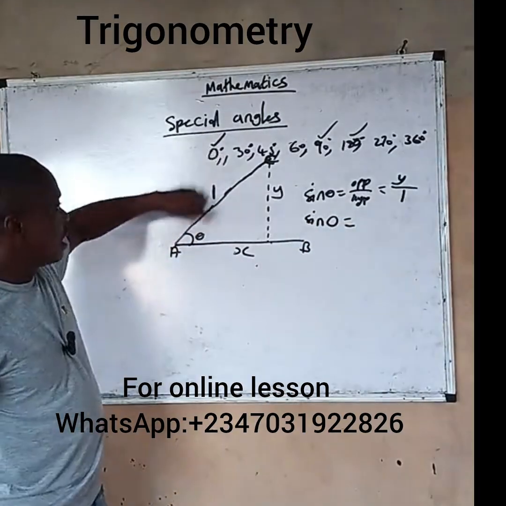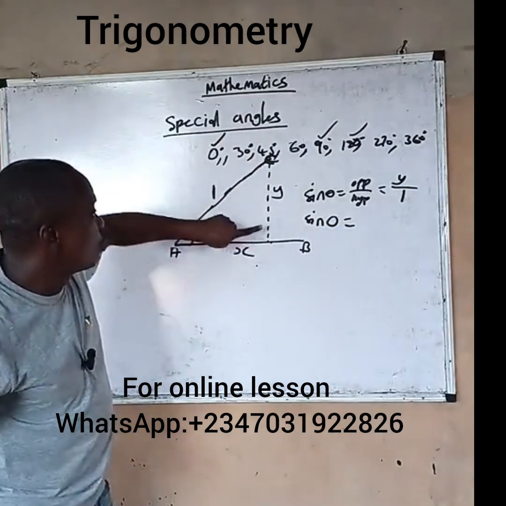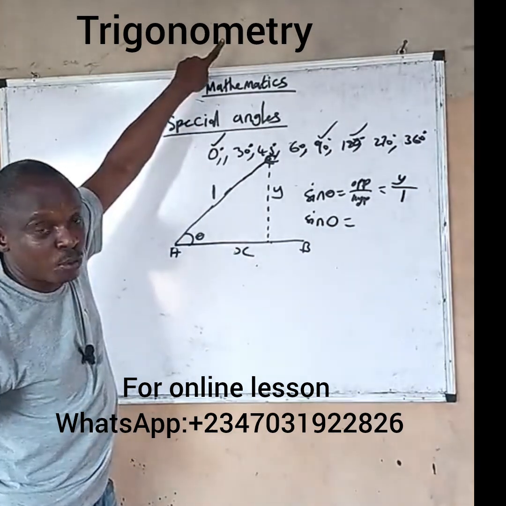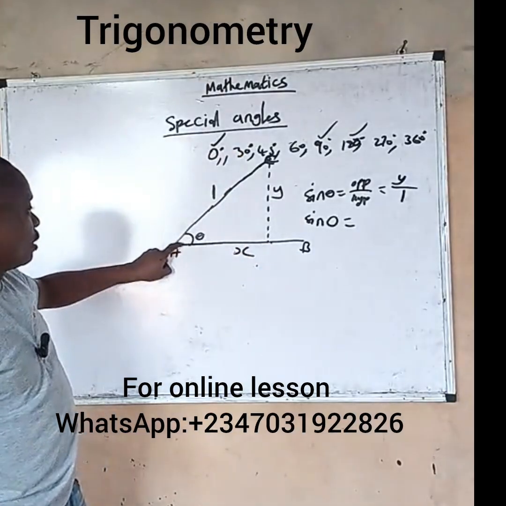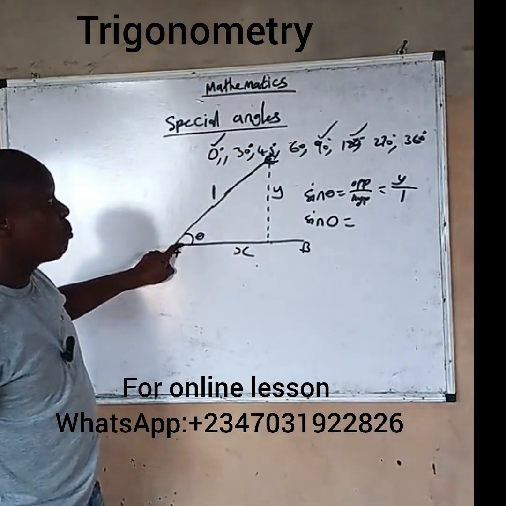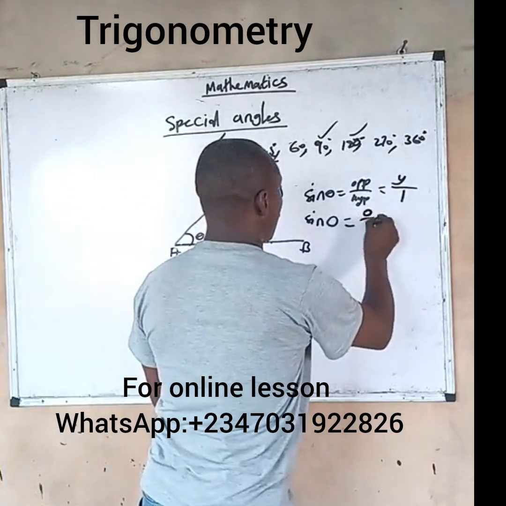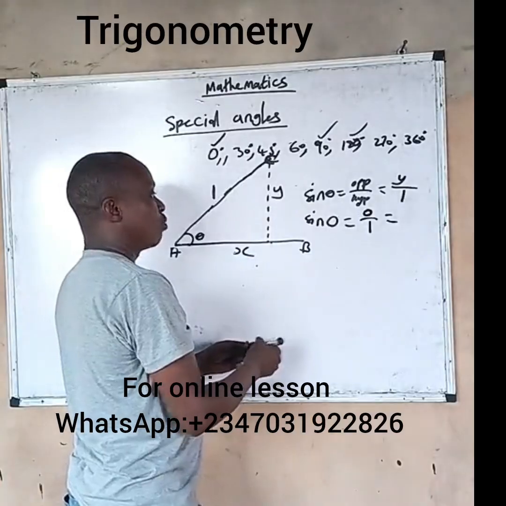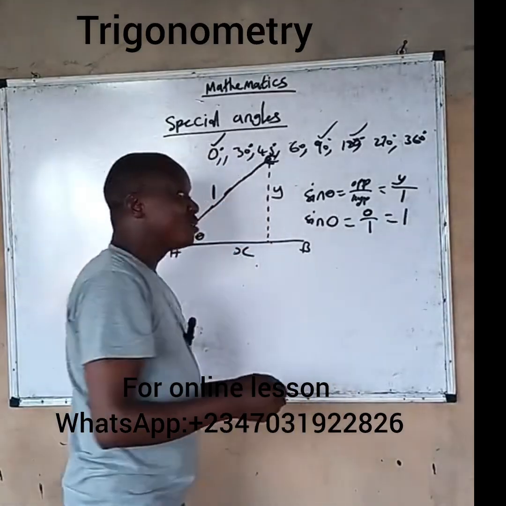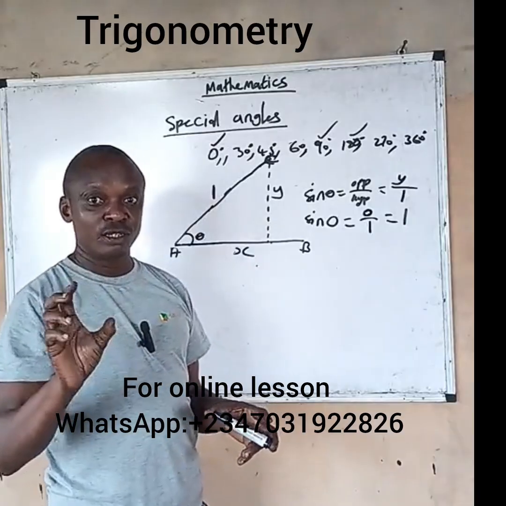What now happens is that this particular AC is on this line, so there will not be any y component, because it will be on this line. In other words, your y component at that point is 0. So your y is 0 over 1, and if you divide 0 by 1, your answer is 0. So sine 0 degrees is 0.